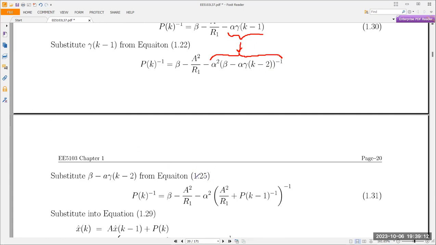So what did 25 do? PK is the same, beta is the same, a squared over r1 is the same, minus alpha is the same. So 25, what they must have done is this one must have been replaced by this. All right.